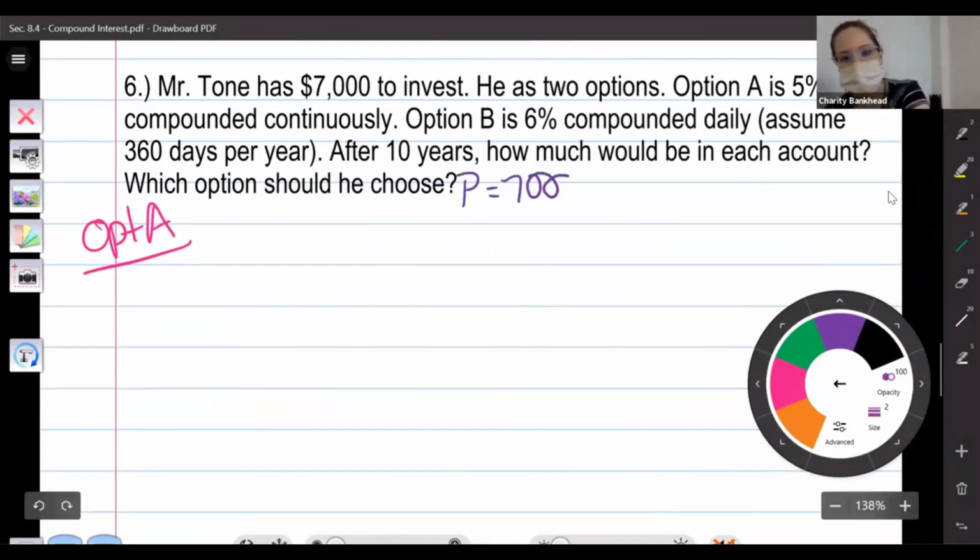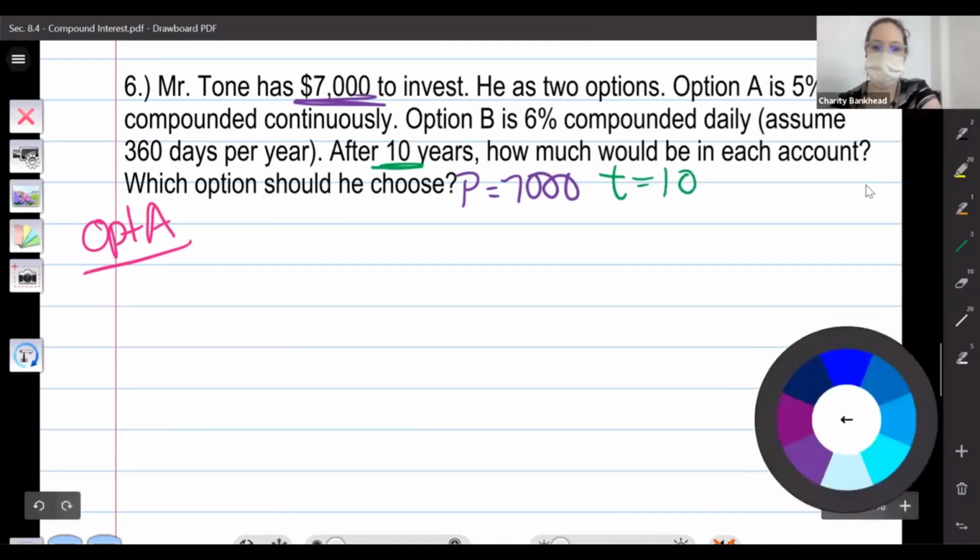So with either option, the principal is equal to 7,000, and T is equal to 10, and that's going to apply for either option. Then for option A, R is equal to 0.05.